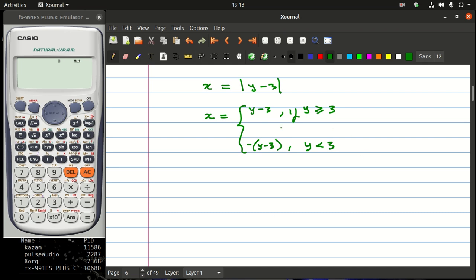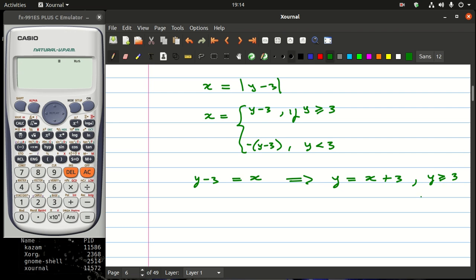Now that I have that, what is going to happen is that y minus 3 is going to be equal to x, which means y is going to be equal to x plus 3 when y is bigger or equal to 3.